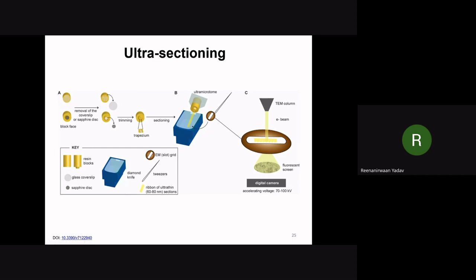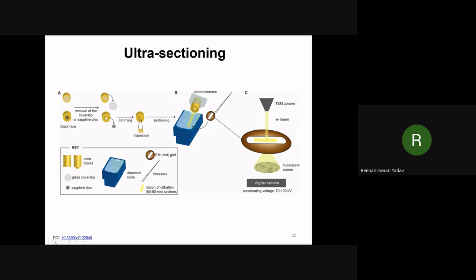By getting a golden section or grayish transparent section, it means the sections are generally below 80 nanometer in thickness. We pick them out with the help of the loop and place them on our grid, and then after staining we can check our ultra sections in the microscope.